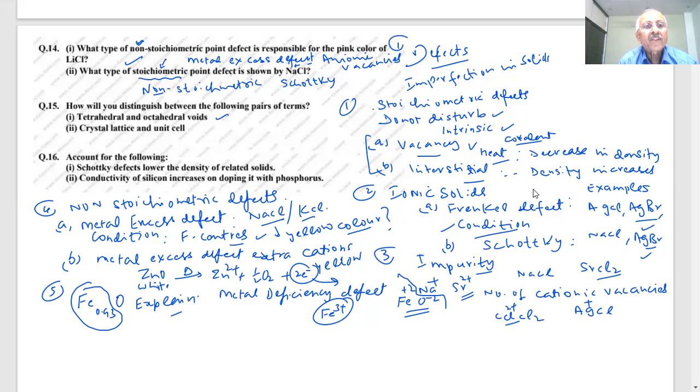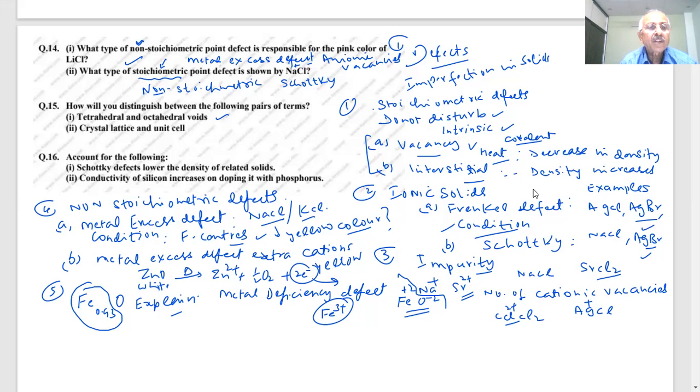Crystal lattice and unit cell, again, that is a definition. You already know. What is your answer for crystal lattice? What do you mean by lattice, student? A crystal lattice is a collection of points representing the location of motifs in the crystal.